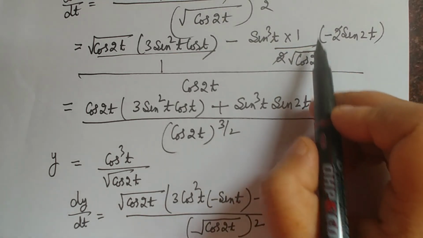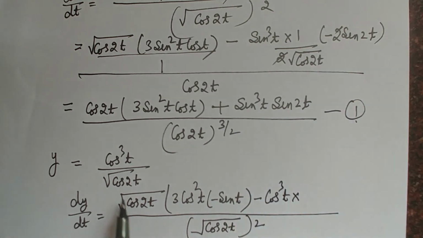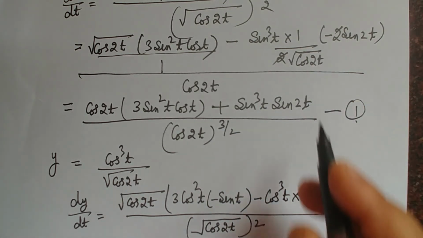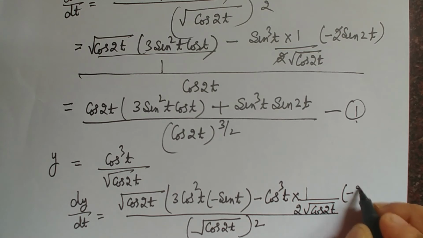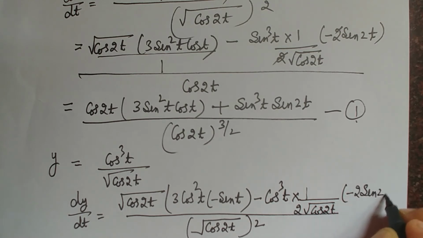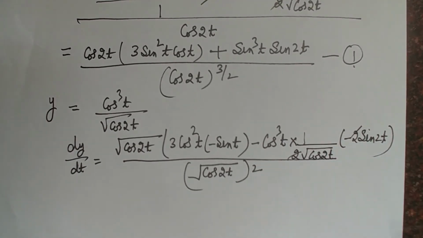Now I think we can go one step from here, that I know I have to do d/dt of this. So we have already done it. So it will be 1 upon 2 root cos 2t into minus 2 sine 2t. Okay, again let's cancel it and take the LCM in the numerator.